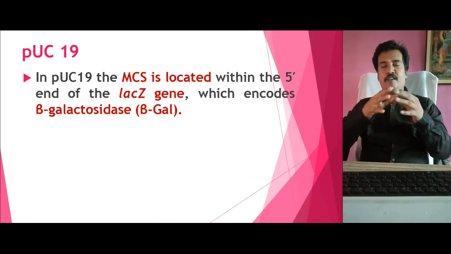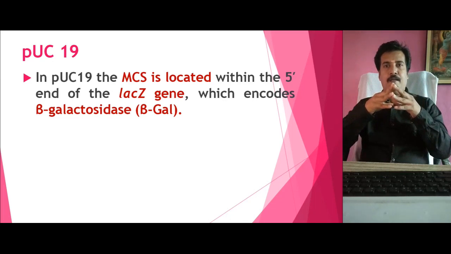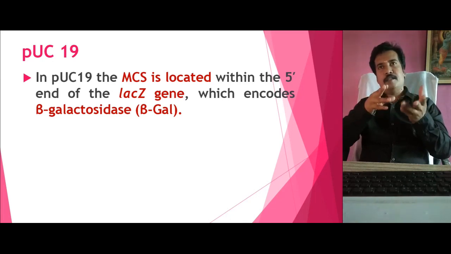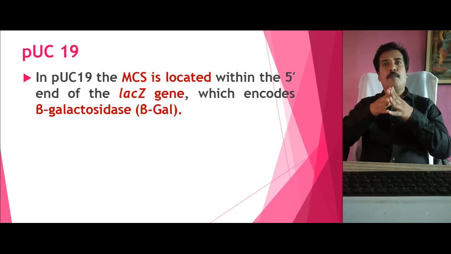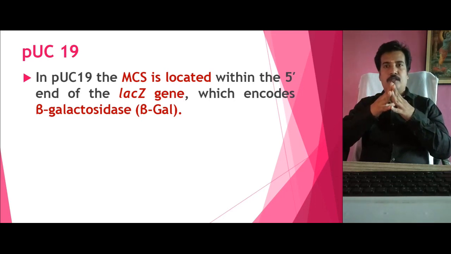The origin of replication initiation helps in the autonomous replication of the vector inside a host cell. As already discussed, it also produces a copy number of 100 in a single cycle. Second, it carries a multiple cloning site, especially in the LacZ gene.